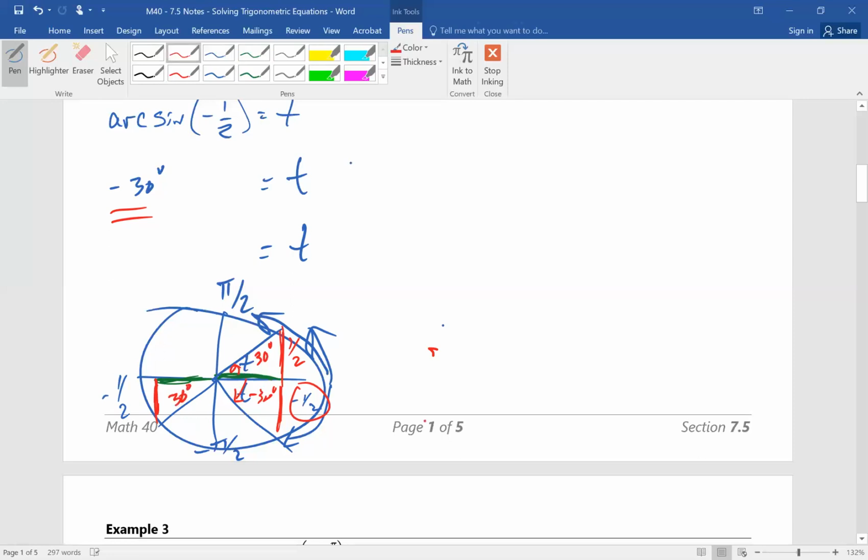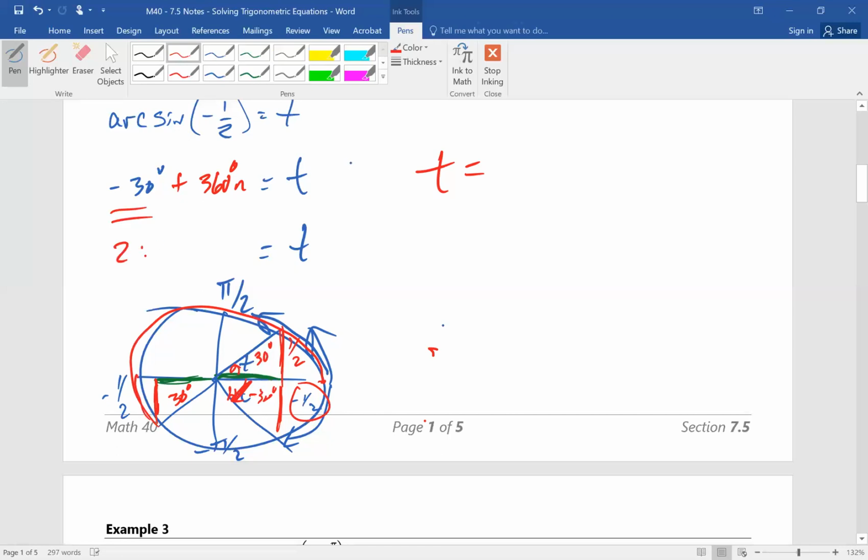I don't really care if you say minus 30. If they say give me all the angles, that's not typical, plus any rotation of 360, because they want all of them again, times however many times you're going around. Or you could go, if I'm starting here, once I figured out what that angle was, right? I got my first answer by going down here. If you're going around here, what's that, 180 and another 30?